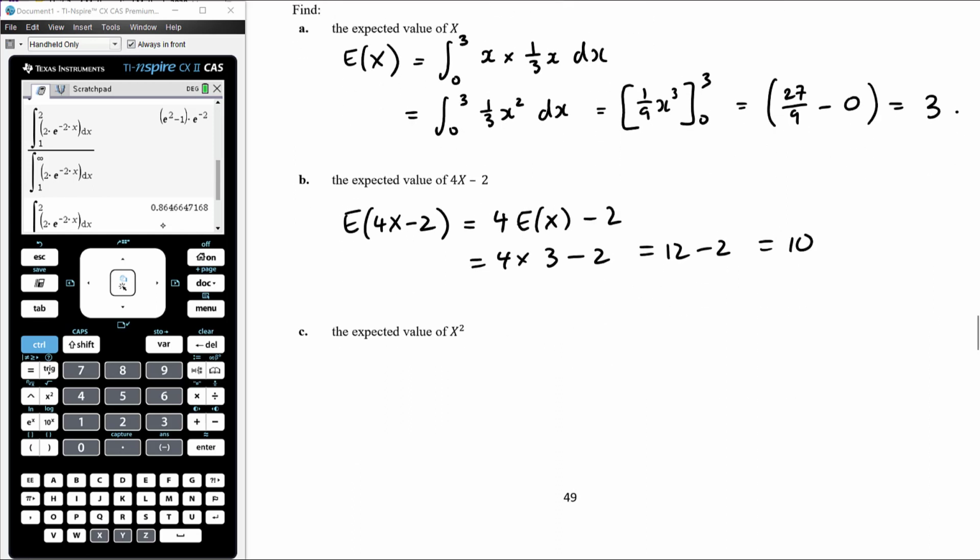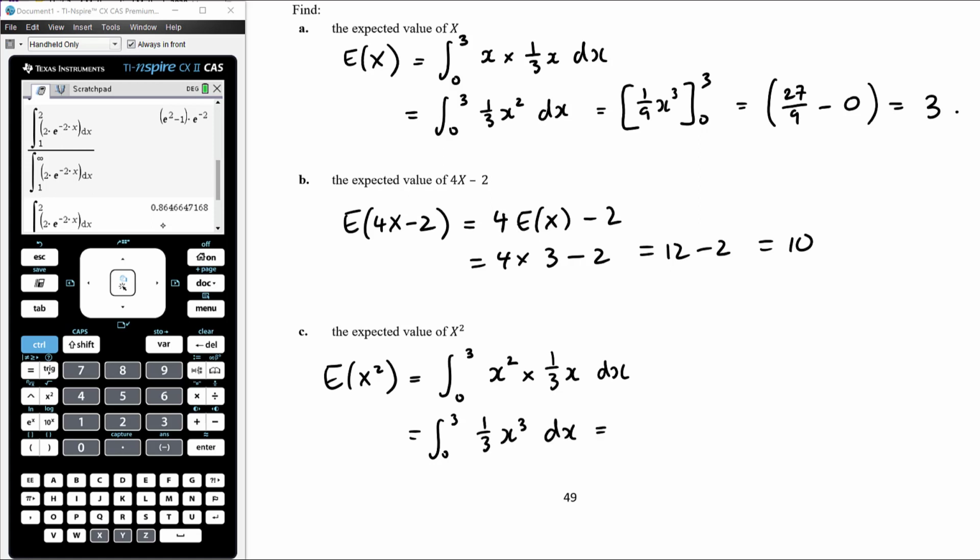And the expected value of x squared, which we're going to need as part of variance, which is why we still include that, is going to be x squared times the function. So that is the integral from 0 to 3 of 1/3 x cubed. Anti-differentiating that, add 1 to the power gives us 4, and dividing by that we have 1/12 x to the power of 4 from 0 to 3, which means 3 to the power of 4, which is 81 on 12, minus 0 on 12.